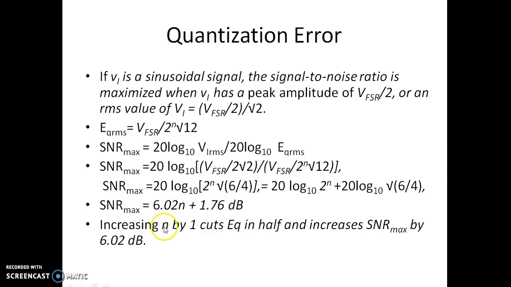So if you increase the number of bits by 1, the signal to noise ratio will increase by 6 dBs. Meaning, if you are having larger and larger number of bits, the quantization error will be minimized, so that you are going to get a larger signal to noise ratio. So in order to have a better signal to noise ratio, the key is we are supposed to increase the number of bits in this ADC.